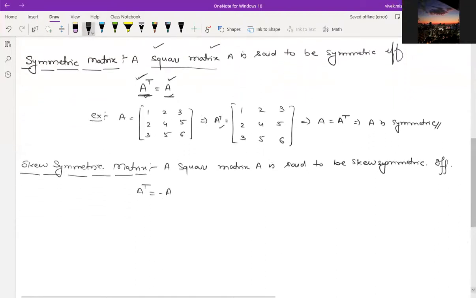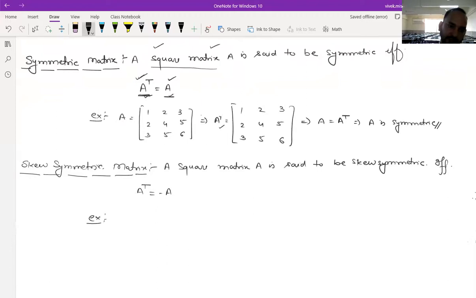Okay. Example, if I make A as 0, minus 1, 2, 1, 0, minus 3, minus 2, 3, 0.